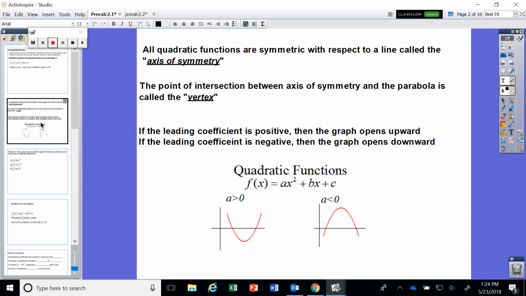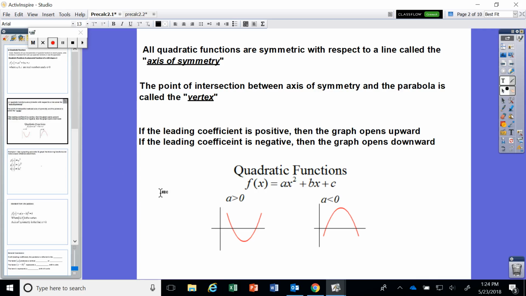The x-coordinate of the vertex for a normal upward or downward facing parabola will be the equation for the axis of symmetry. The y-coordinate, if it is a horizontal facing parabola, will be your line or axis of symmetry for a horizontal facing parabola.